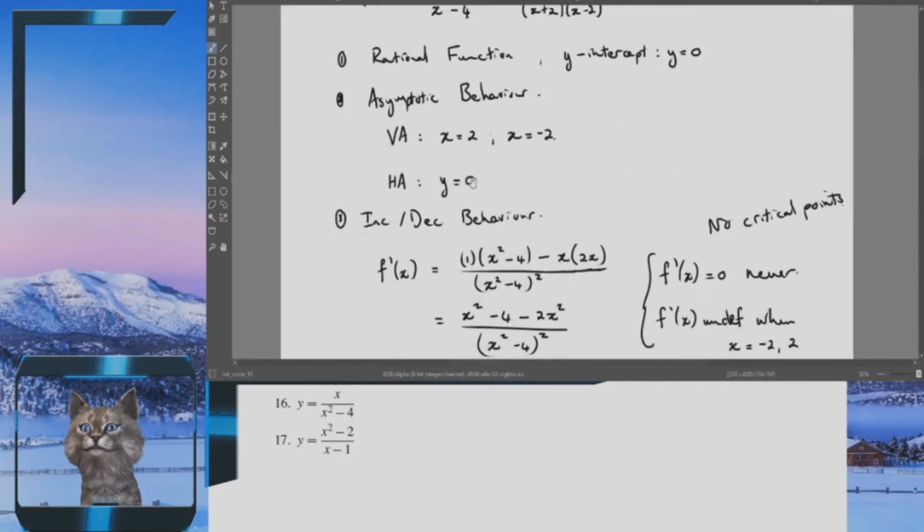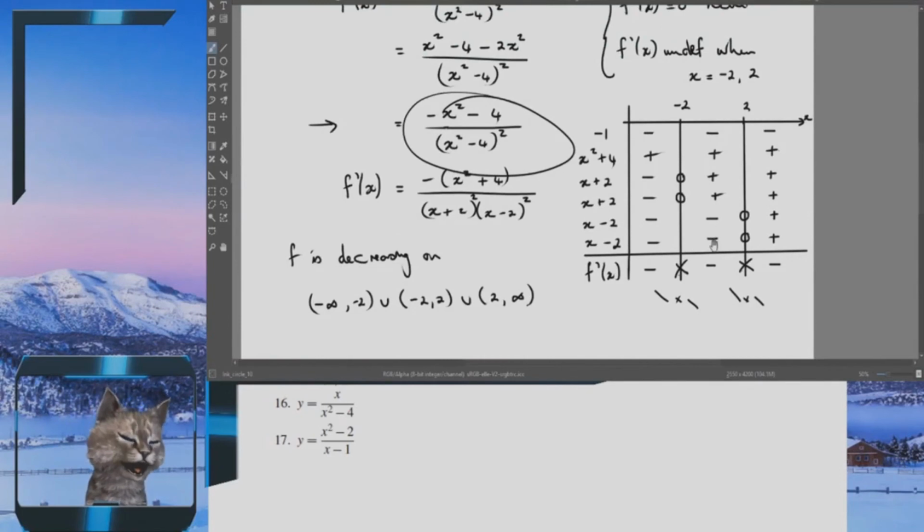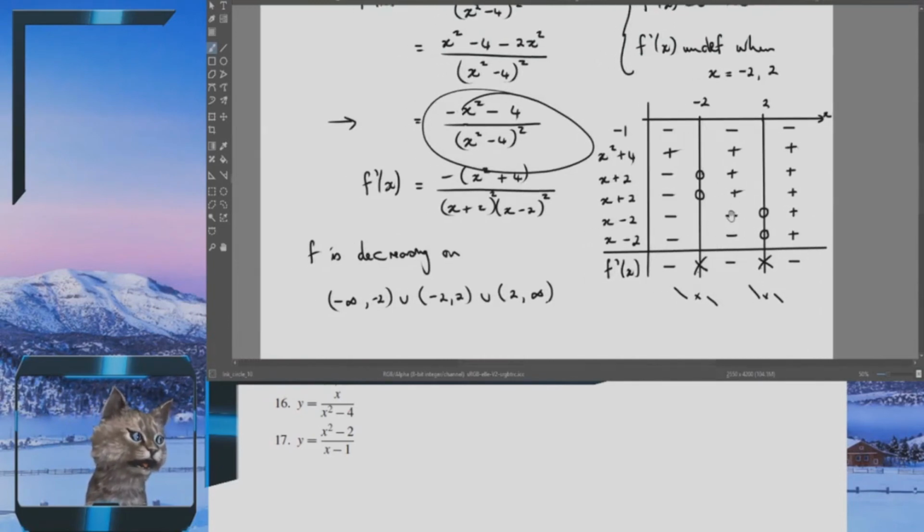But have a look at the first derivative. The first derivative is not 0 at x equal to 0. In fact, if I plug it in here at 0, what am I going to get? First derivative at 0. It's going to be -4 over -4 squared. It's not 0.